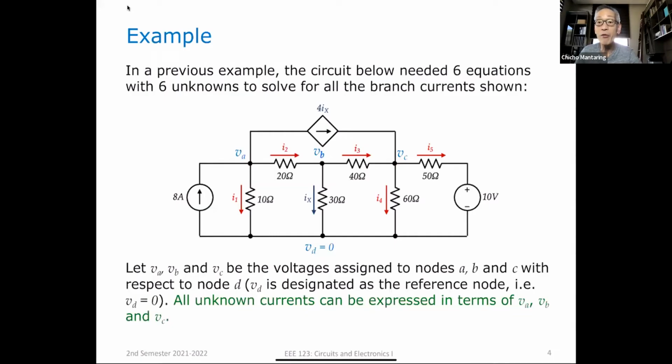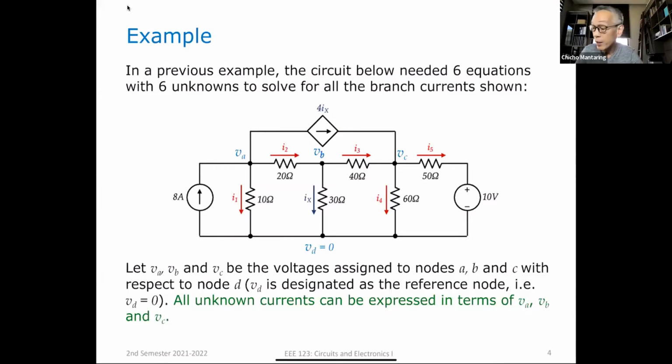So when you say voltage at a node, that's always with respect to a reference. And in this particular case, what we assigned as our reference was node D. So the entire bottom here, this is node D. We assign this to be our reference node. By making this the reference node, all we are doing is saying that VD is equal to 0.